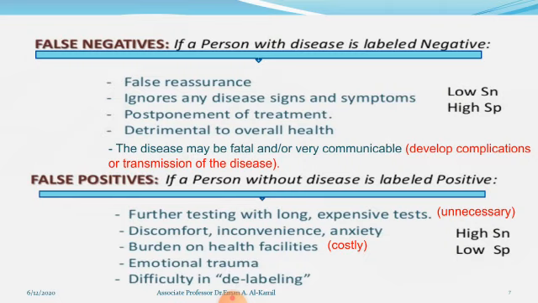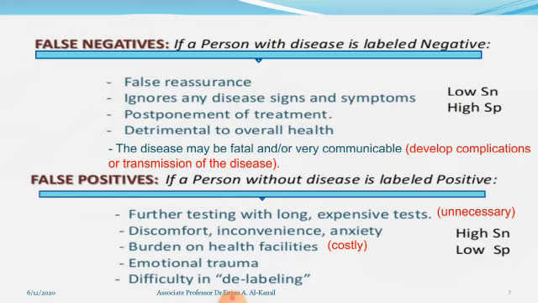So if an individual is false positive according to the screening test, we label him as having the disease. So we are going to refer him for another test for confirmation. He will have further testing, which may be painful, expensive and time consuming, and it also causes discomfort, inconvenience and anxiety for the patient.